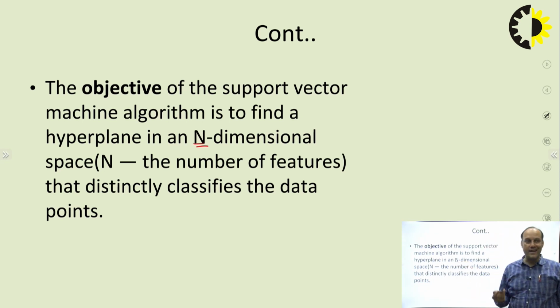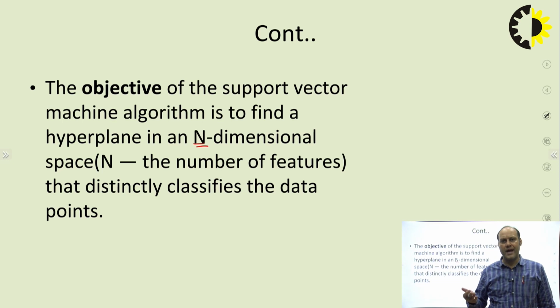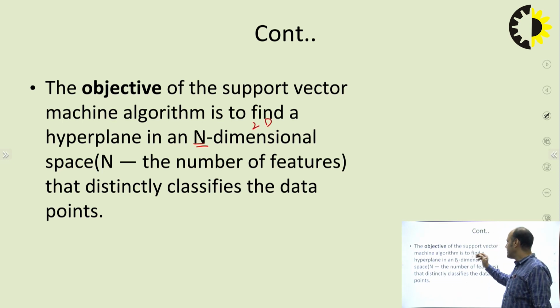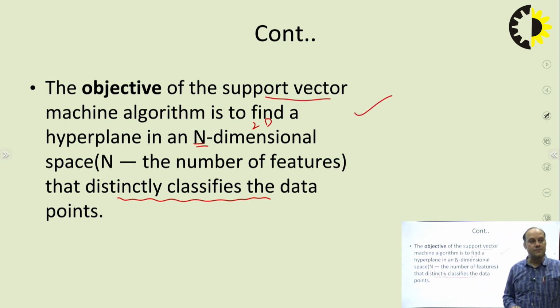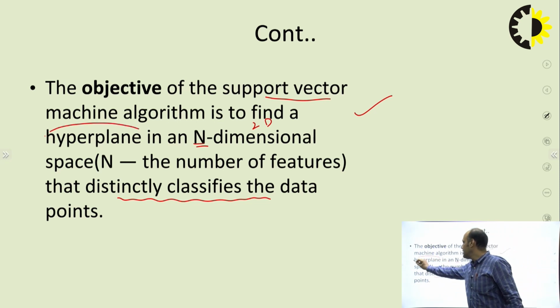The value of n can be any number: 2D, 3D, 4D, n number of planes can be defined. And what is the purpose of this plane? The purpose is just so that we can distinctly classify the data points. So this is the main objective. Keep in mind, the support vector machine objective is to find a hyperplane.